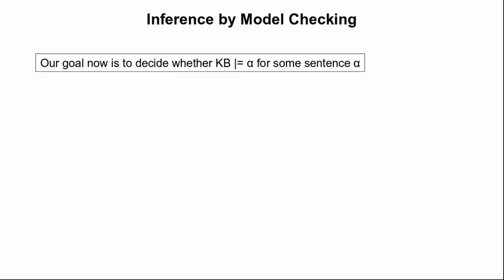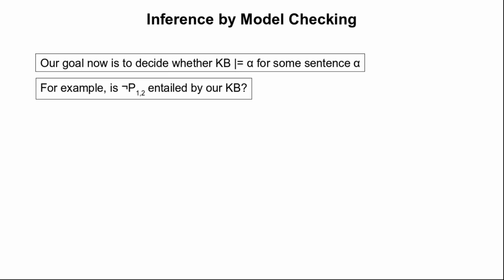Inference means we want to find out whether the knowledge base entails some sentence alpha or not. For example, we may be interested to know if not P12 is entailed by our knowledge base or not. Not P12 means there is no pit in square 1 2.